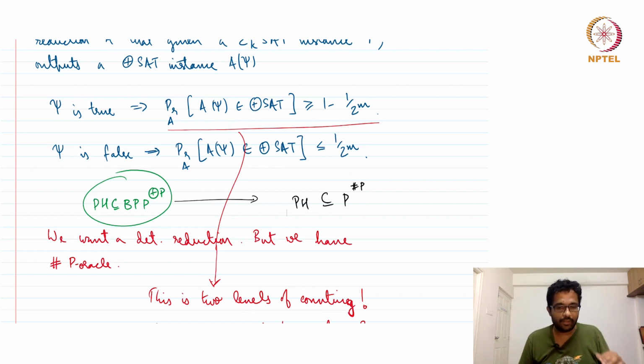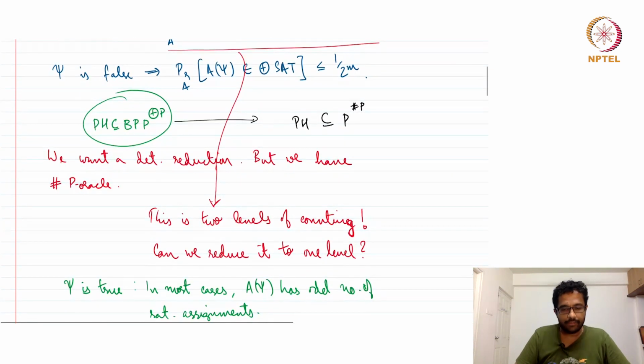So there are two levels of counting: one for deciding whether A psi is in parity set, and two for checking whether this number of accepting computations is at least 1 minus 1 by 2 power m, and same for the no case as well, right? So there are two levels of counting here.